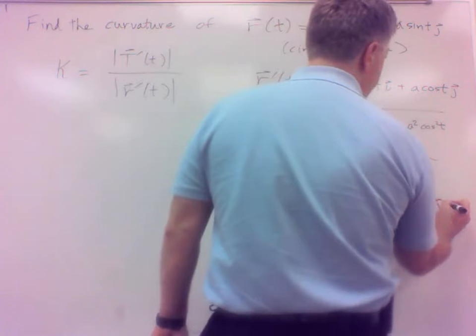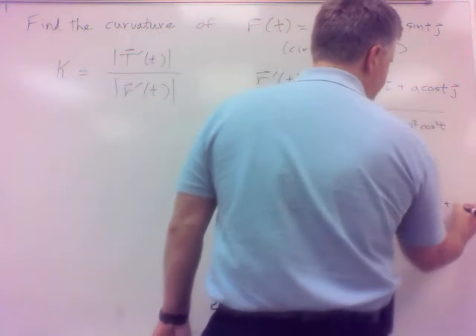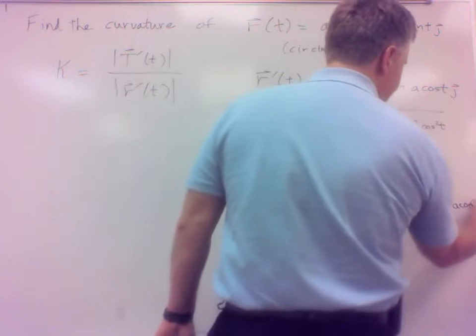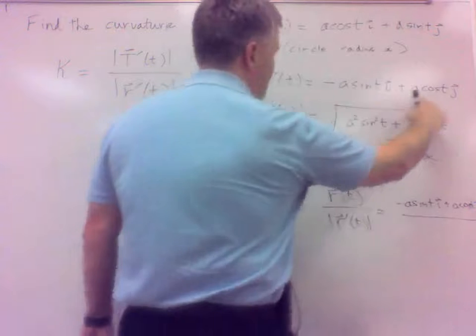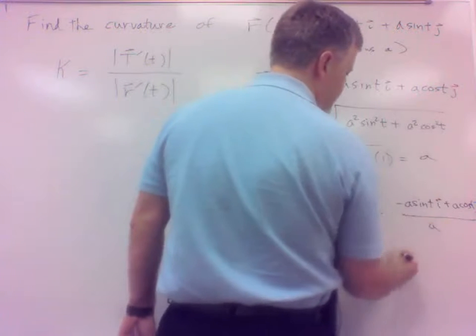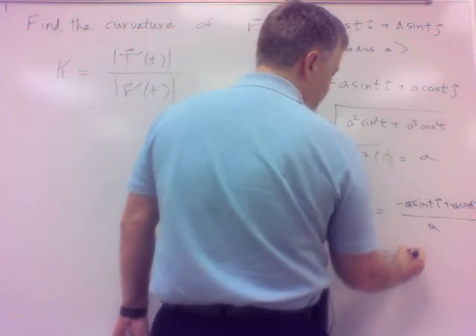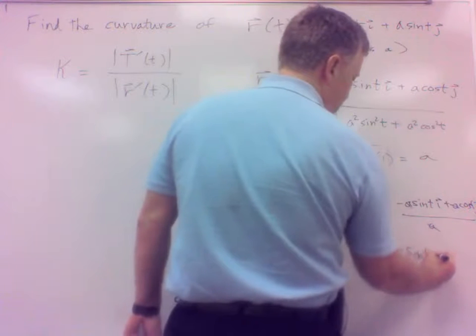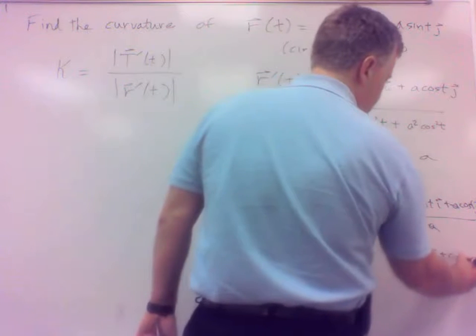Yep. The a's are going to cancel. It's this one. I did the original one first. So we take that and divide it by the magnitude, so we divide that by a, so the a's go out, so we have negative sine t i plus cosine t j.